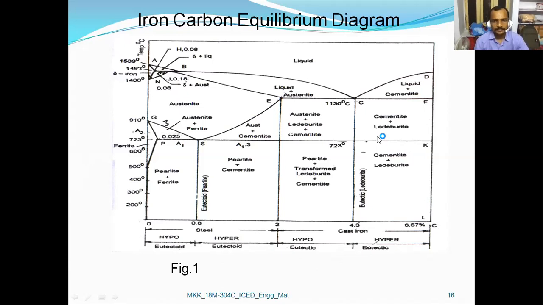Here let us see the combinations: in this phase austenite, here austenite plus ferrite, and this is liquid plus austenite, liquid plus cementite, and austenite, ledeburite and cementite, cementite plus ledeburite. Let us elaborate them with different temperatures in our explanation.